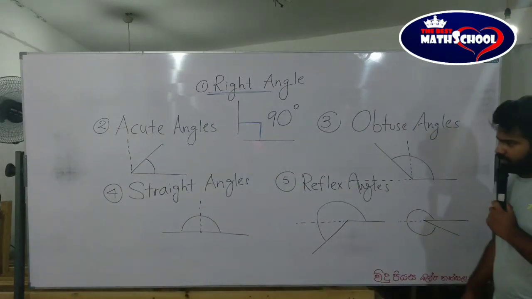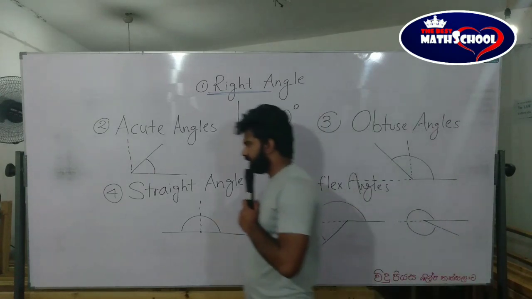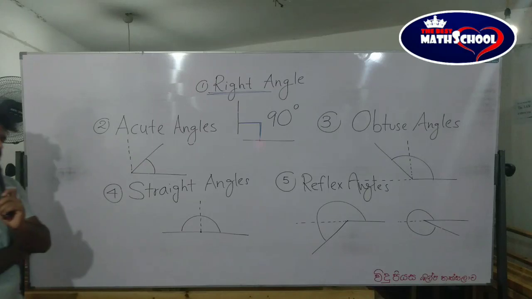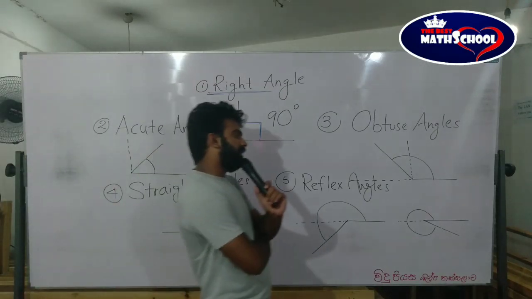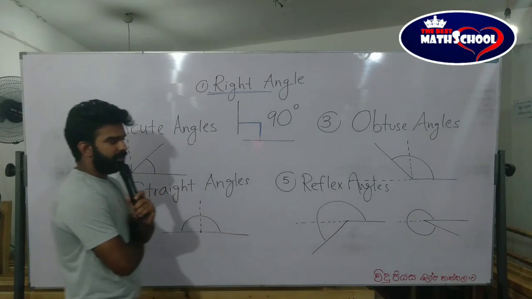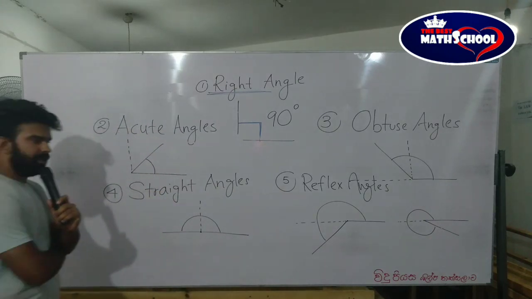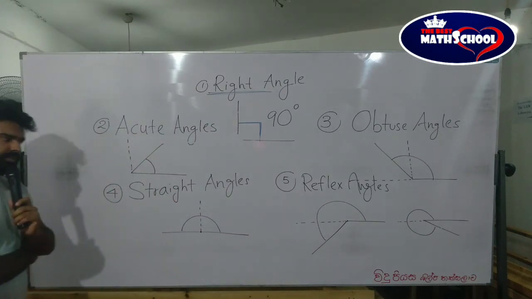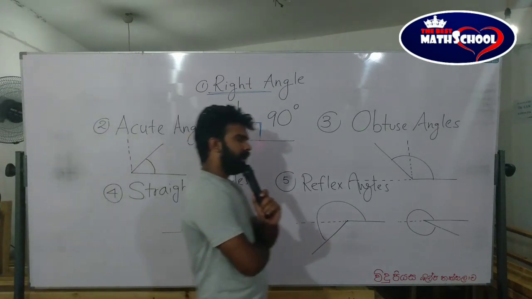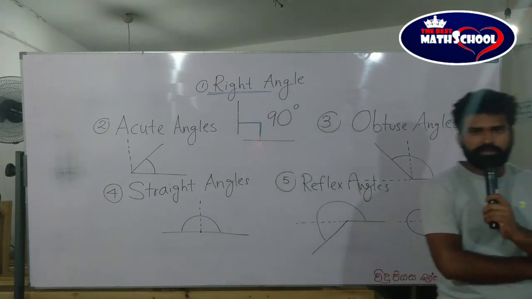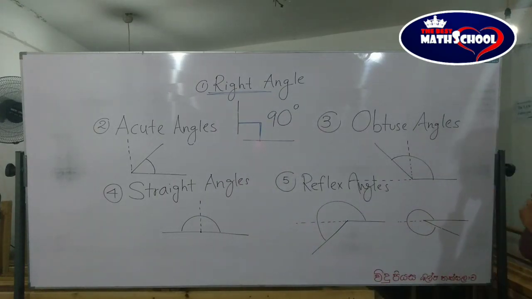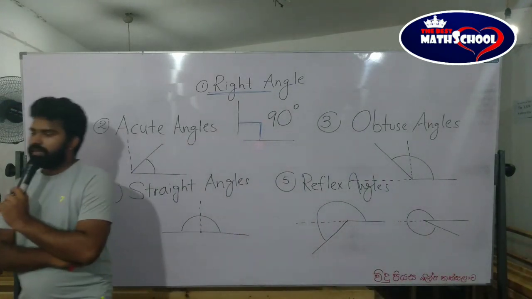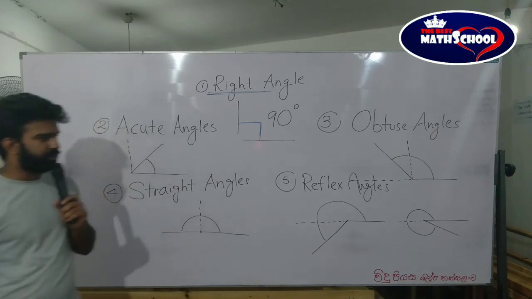Angles which are larger than a straight angle, but less than 4 right angles, are known as reflex angles. Right. So that's all for today.